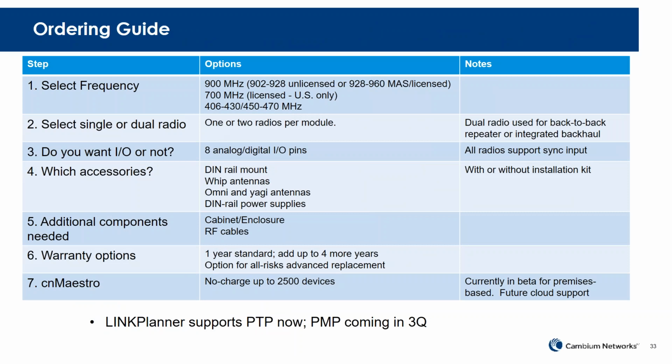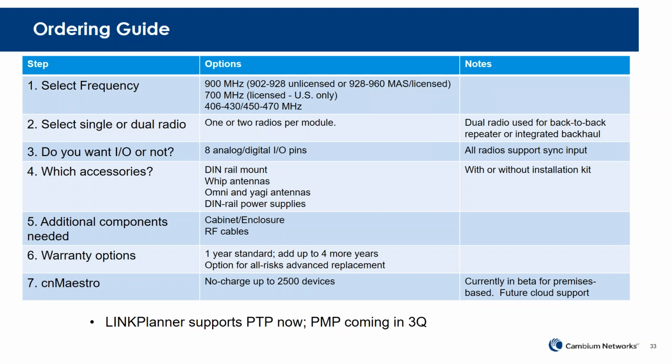I wanted to just point out a couple things on cnReach, because there are a number of different options. But the main way that you go through selecting a cnReach radio is you pick the frequency of operation. So today it's 900, 700, 400, or coming soon 220. You decide whether you want a single or dual radio, and then you decide whether you want I/O or not.